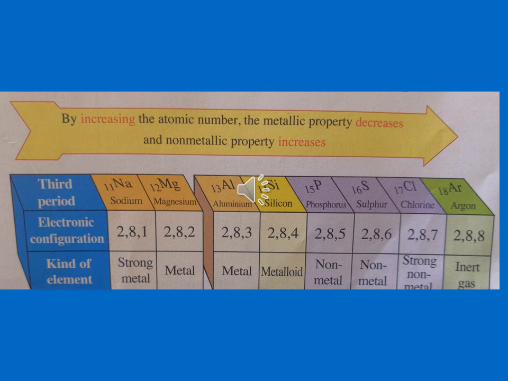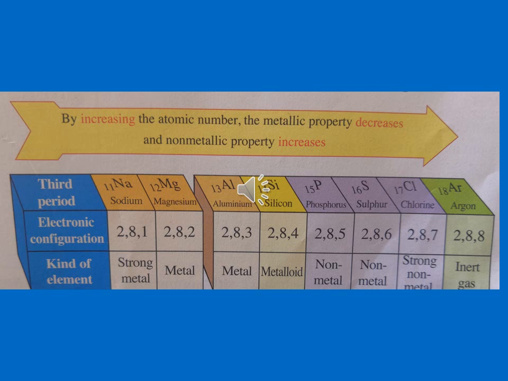After that, we meet the non-metallic elements, which start with phosphorus, and then the non-metallic property is increasing. Phosphorus, sulfur, chlorine. Chlorine is considered here in the third period the strongest non-metal. Then the period ends with argon, which is a noble gas.